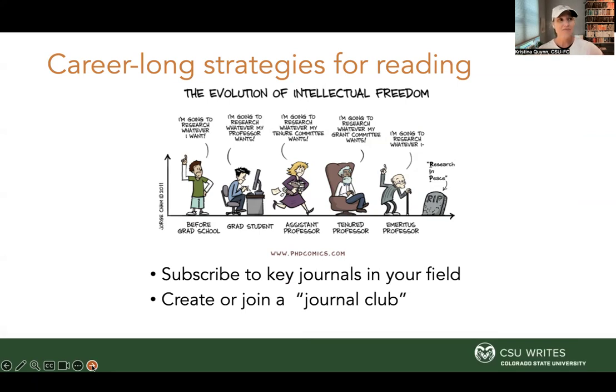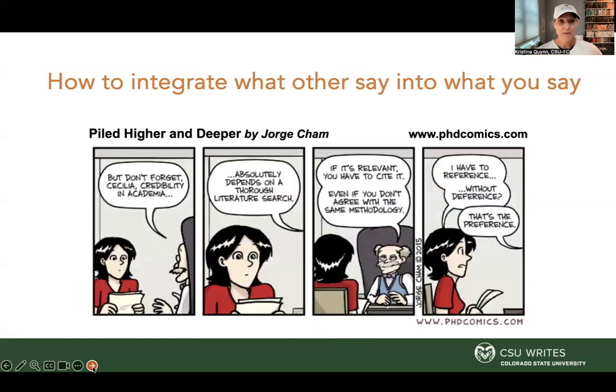I'm on the listserv for the National Academies of Sciences, and I find stuff all the time, chemistry that would be relevant to colleagues of mine in the chemistry department and all kinds of things. So read widely. Join a journal club where you're reading together articles of interest that are at the cutting edge of the field right now. And again, read an article or more if you can a day.